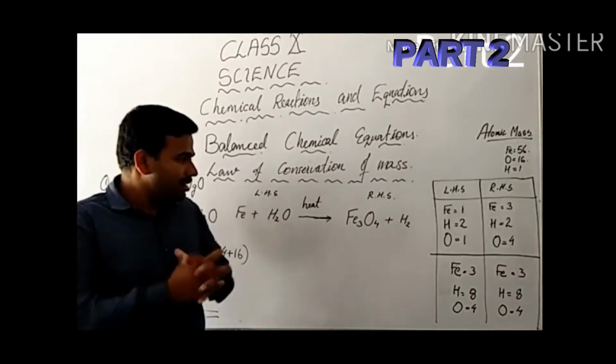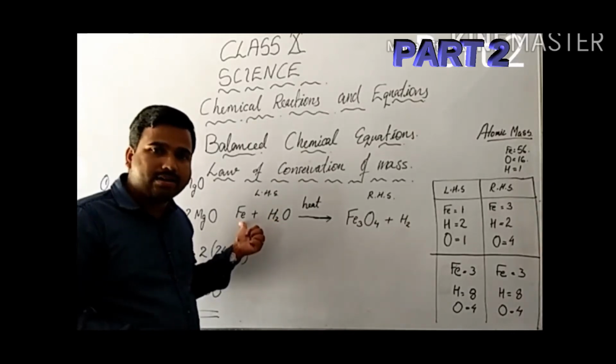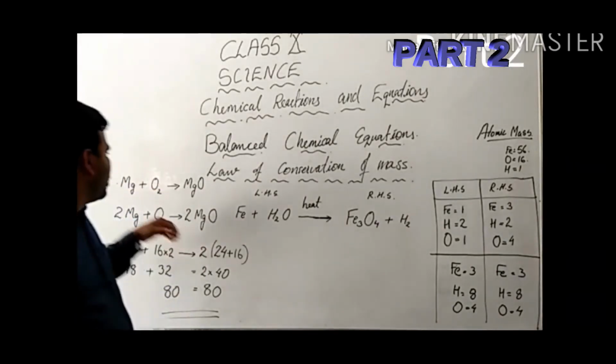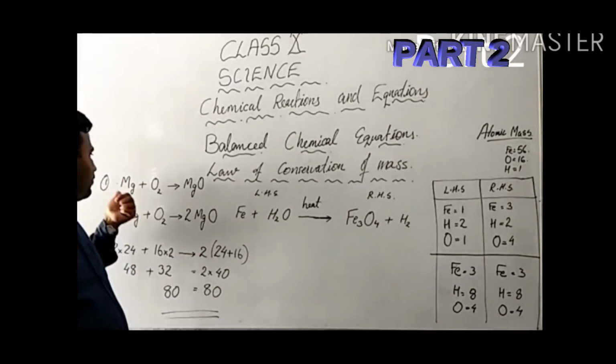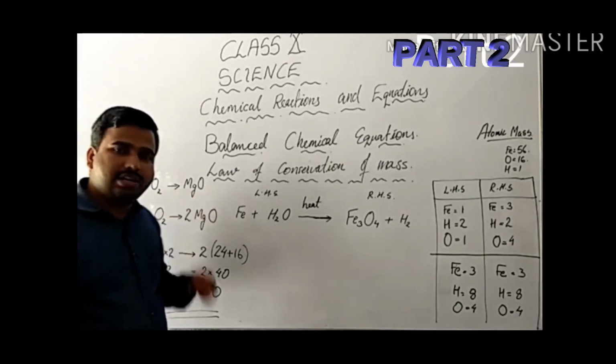Now let us see one example, iron. Just as we had already seen the burning of magnesium ribbon, when you burn magnesium ribbon, magnesium combines with oxygen to form magnesium oxide.